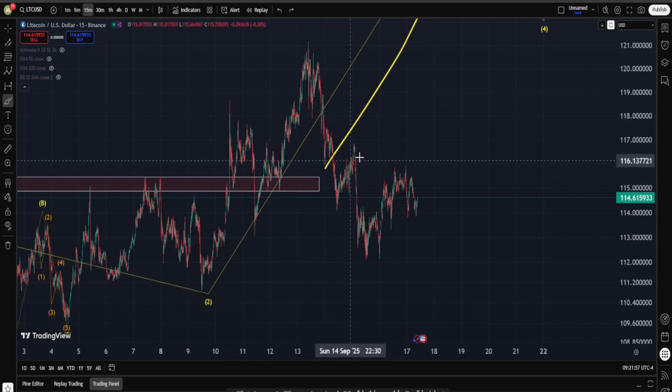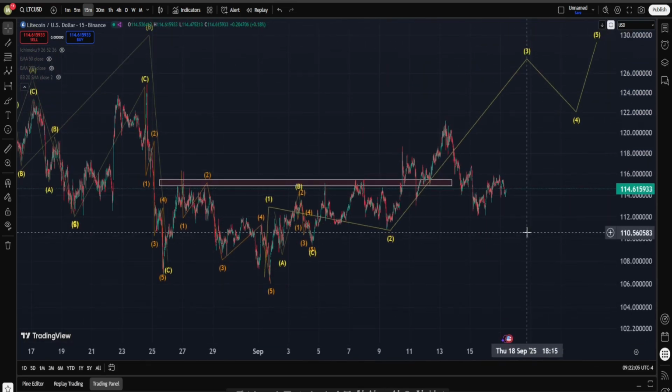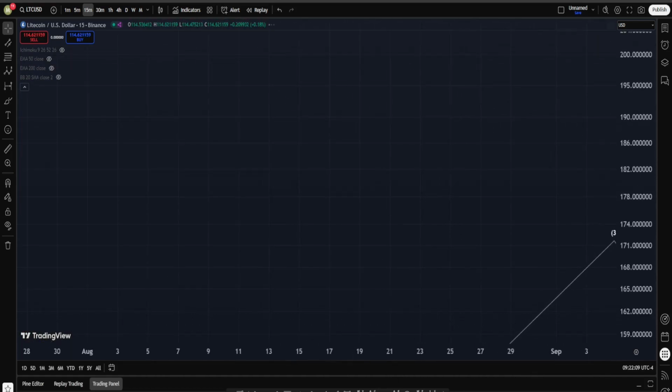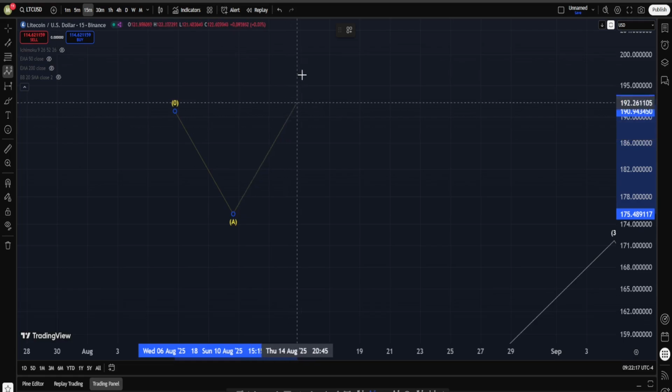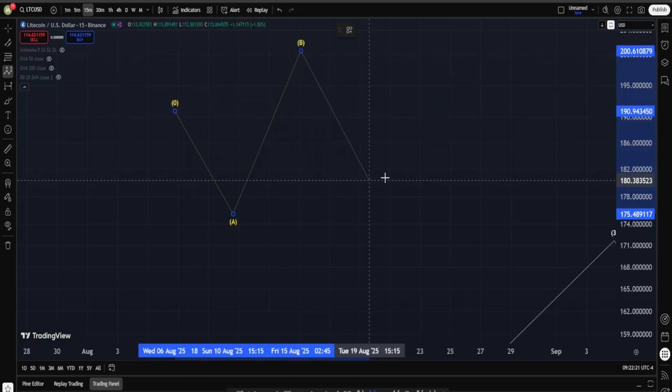Why? Because this is actually narrowing your options, if you insist on being optimistic, to one and probably only one scenario. You can argue in LTC we are having something called an ABC expanded flat, or maybe a running flat, which looks like this. This is our initial move down into a correction for wave B, which in it we are going to take this initial high and then a good strong move down into our C leg.